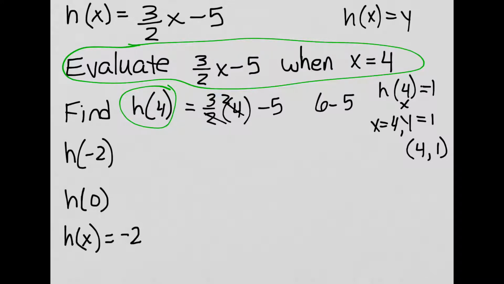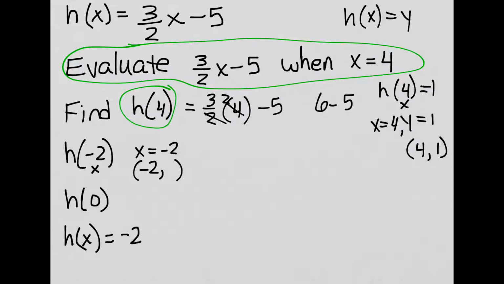So let's try another one. Find h of negative 2. Well, there's a negative 2 living in the x house. Usually there's an x there. What does that tell us? That tells us that x must be negative 2. In other words, I'm trying to find this point right here, and I know the first half is negative 2. I want to find the second half. I want to figure out what y is.